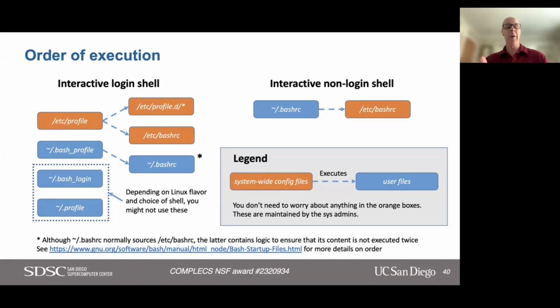But there's going to be a hierarchy of scripts that are executed. The sysadmins are going to be putting a lot of stuff into /etc/profile, /etc/bashrc, and various directories in the /etc/profile.d directory. If you're in a non-interactive shell, everything's going to be controlled by .bashrc and /etc/bashrc.